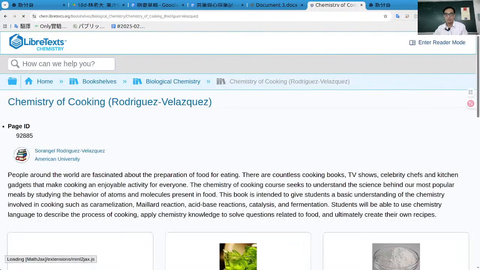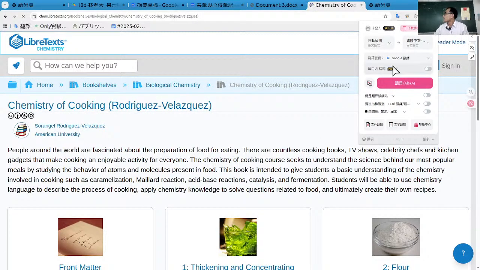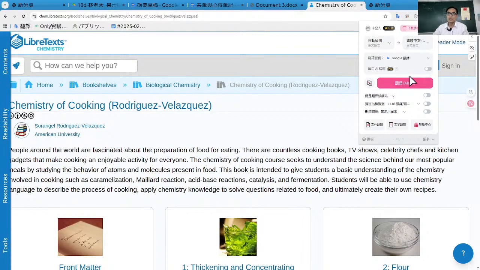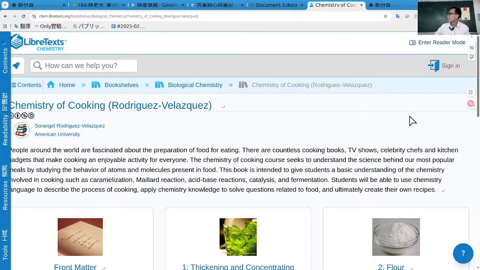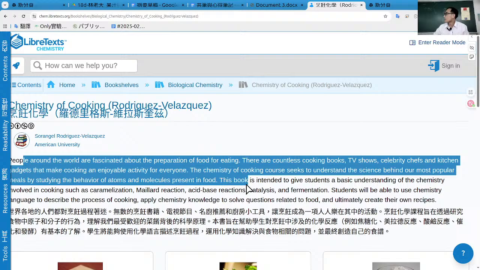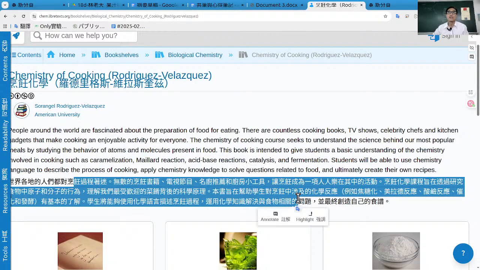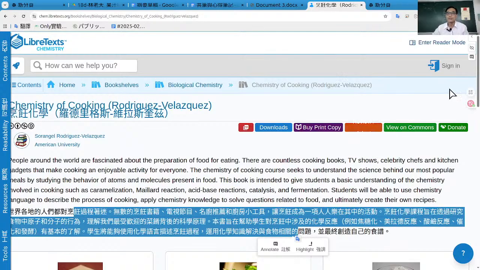Why is it so slow? Okay, here. For example, when I set the language from my language, traditional Chinese, and click translation, we will see one paragraph in English and one in my language. That's one thing. Okay, let me switch to the next one.